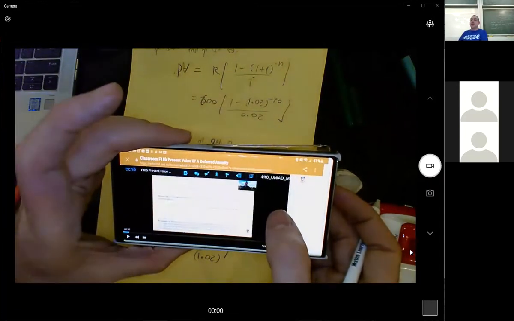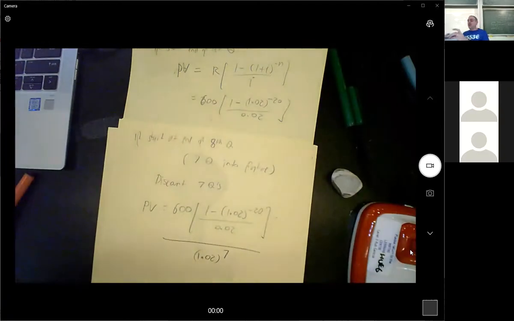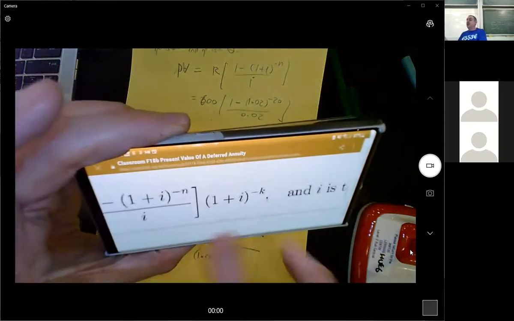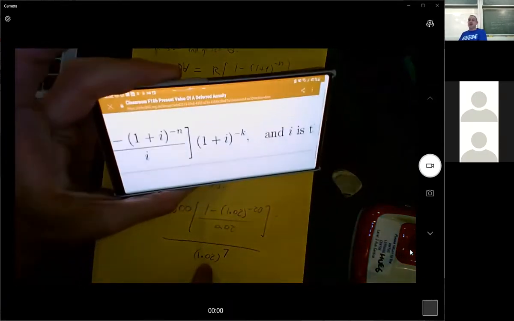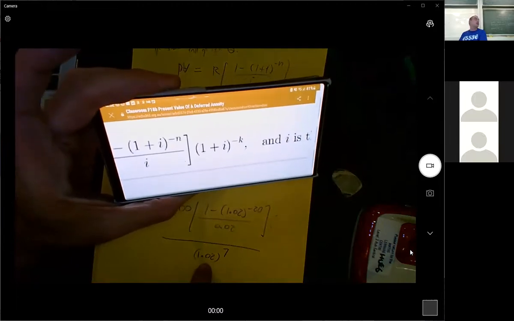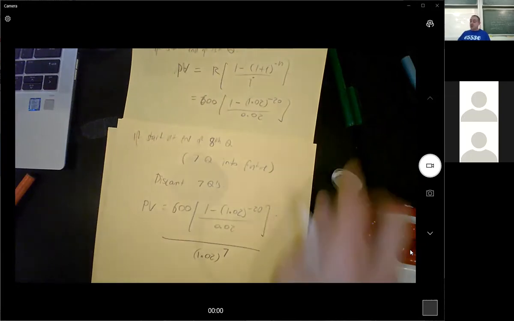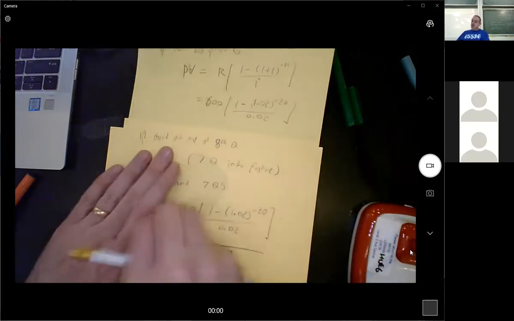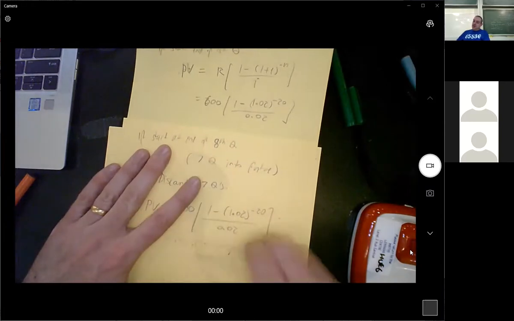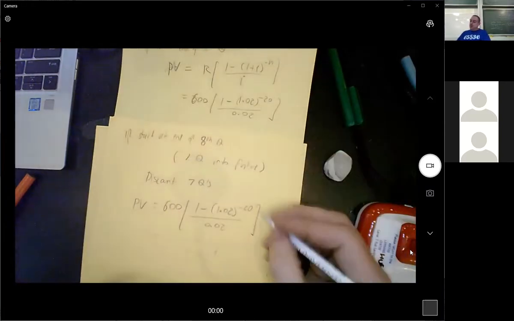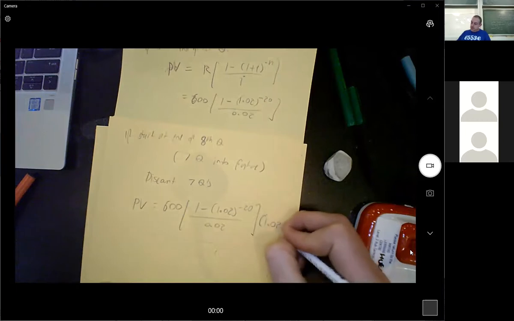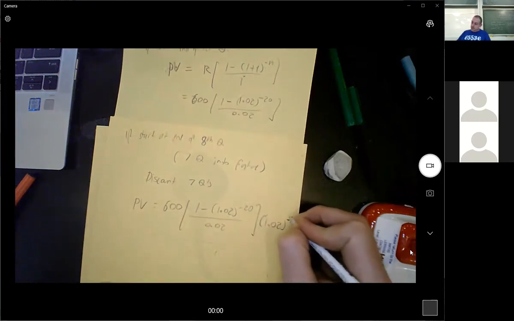It has a negative k in it. That's because we're dividing by it, because we're discounting. Or we can just multiply by 1.02 to the negative 7. Yeah, so that would have worked as well. I have trouble processing that without thinking of it as a division, but I could have gone like that.